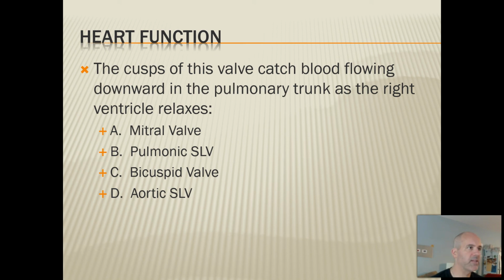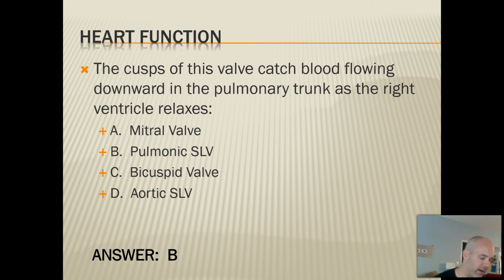All right, the cusps of this valve catch blood flowing downward in the pulmonary trunk as the right ventricle relaxes. If your right ventricle is relaxing, what valve is going to make sure you don't have blood backflowing from the pulmonary trunk into the right ventricle? Now, hopefully you're thinking B, the pulmonic SLV, semilunar valve.